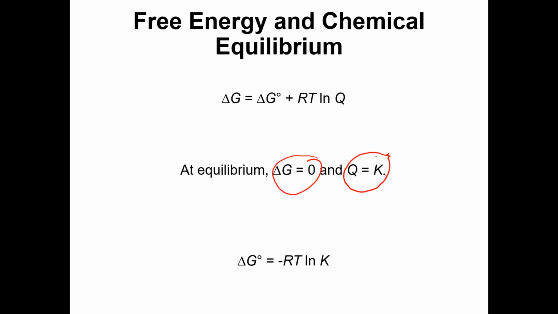So if we are at equilibrium, then this equation becomes 0 is equal to delta G naught plus RT natural log of K. And then we can algebraically rearrange this to get delta G naught by itself. So at equilibrium, delta G naught is equal to negative RT ln of K. So if we have our equilibrium constant, we can plug in R and the temperature in Kelvin and calculate delta G naught.